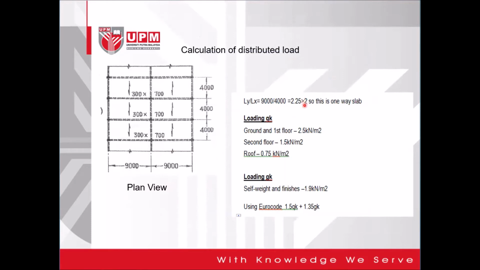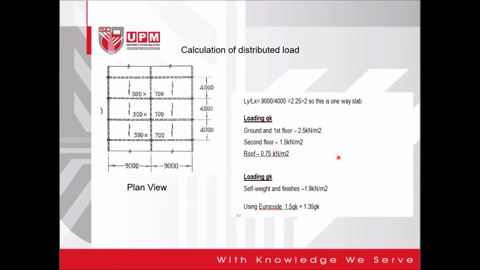We can conclude this value is larger than 2, so this is a one-way slab. Our group has been assigned area loads of 2.5 for the ground floor and first floor, 1.5 for the second floor, and 0.75 for the roof.